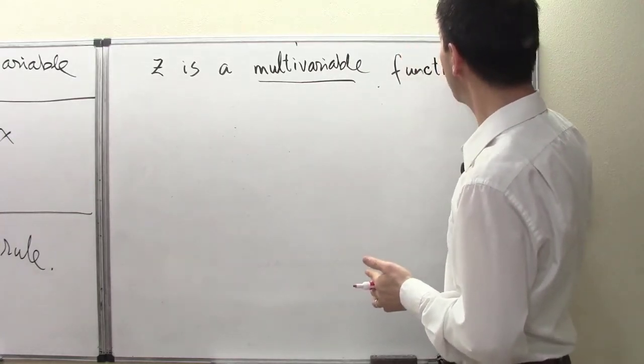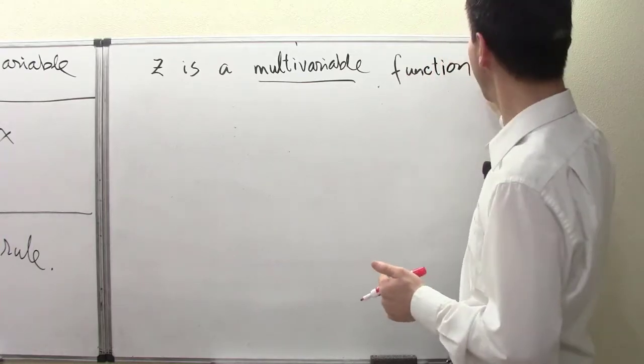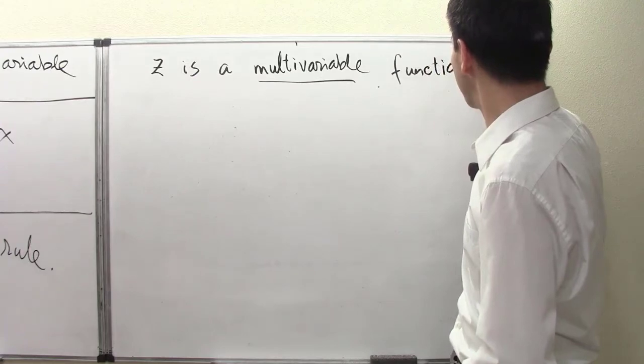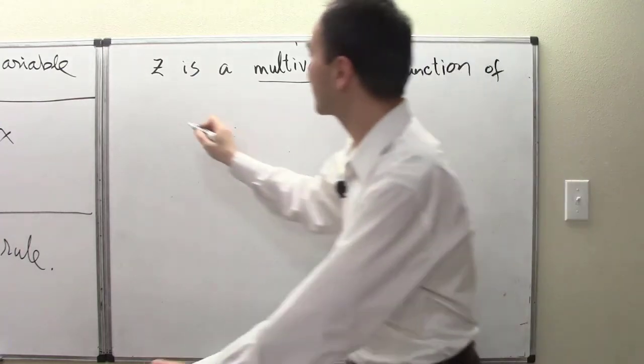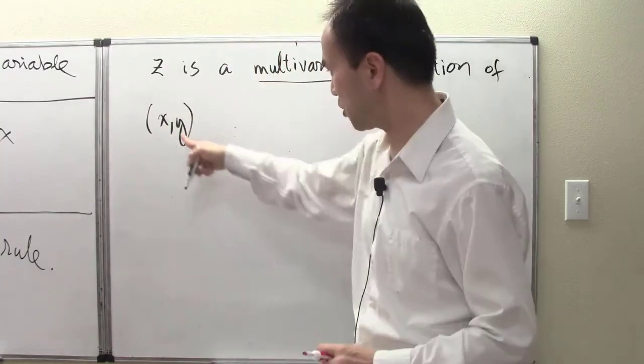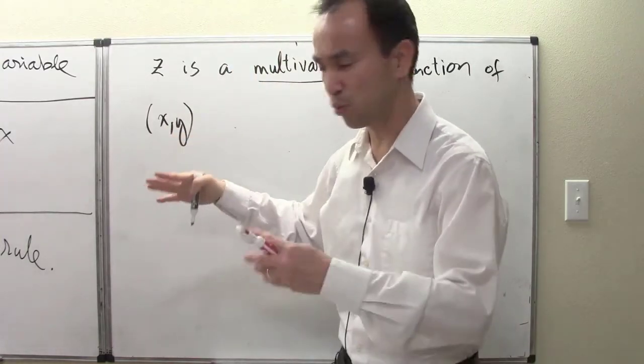Instead of single variable like the old days, now we're looking at z as a multivariable function, and it's a function of x and y, of the pair of values x and y. So x comma y is one pair of values.